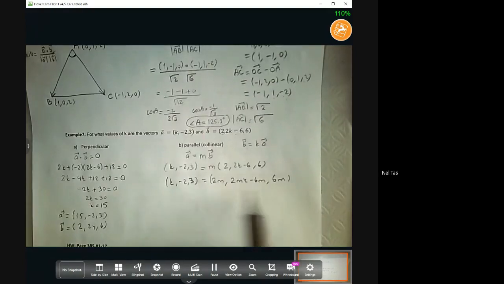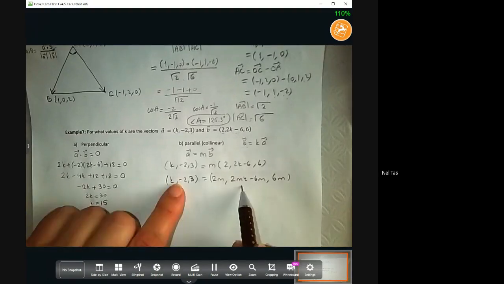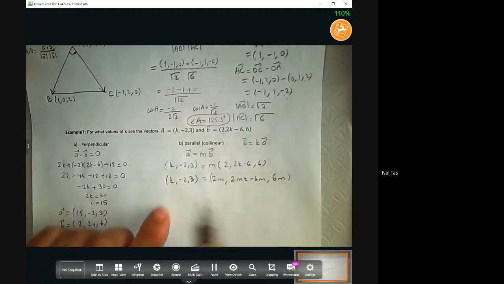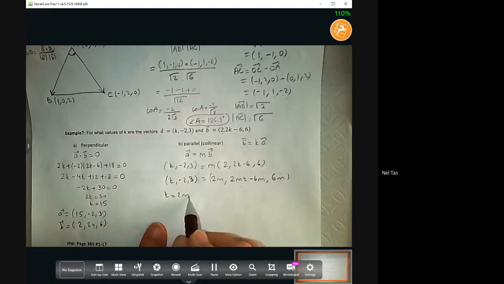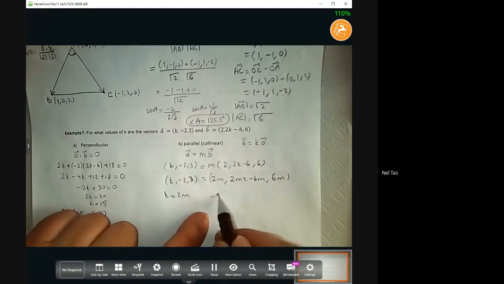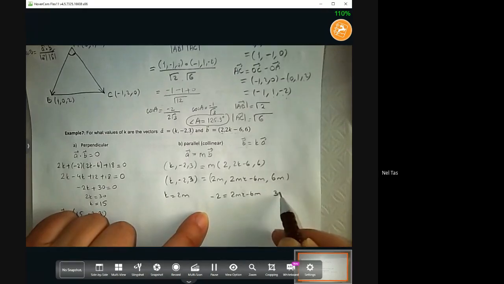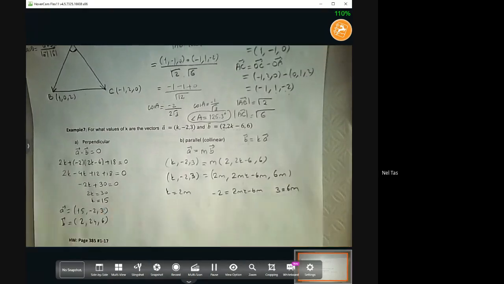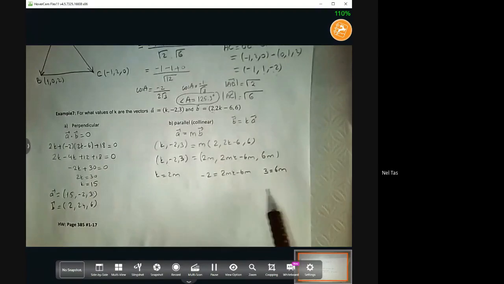If these two vectors are the same, then the x coordinates must be the same, the y coordinates must be the same, and the z coordinates must be the same. Looks like the simplest one to solve for m is the third equation.